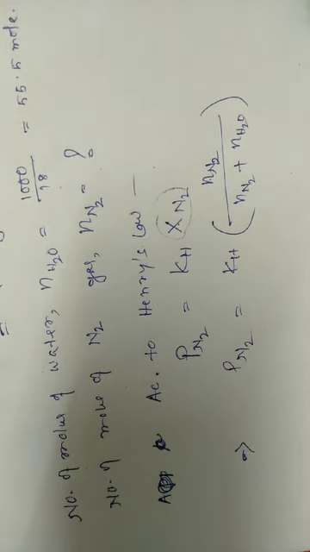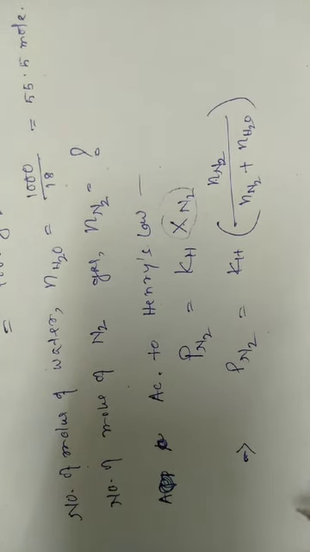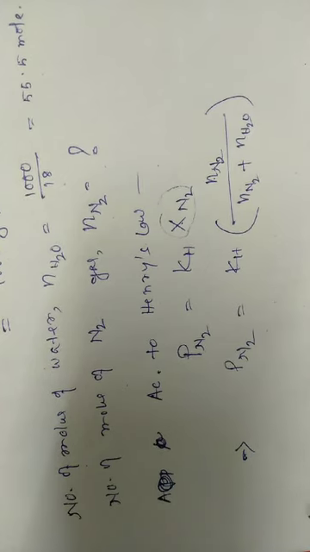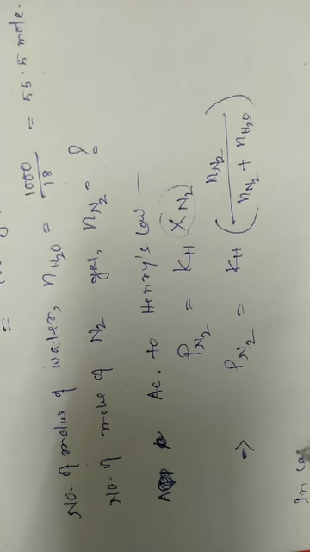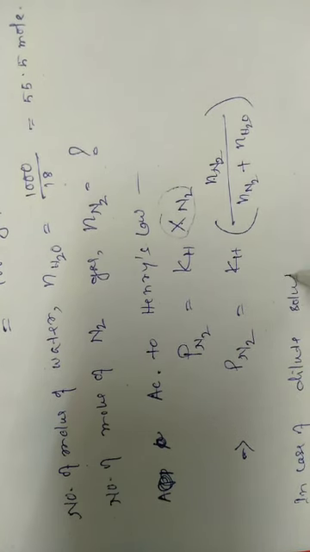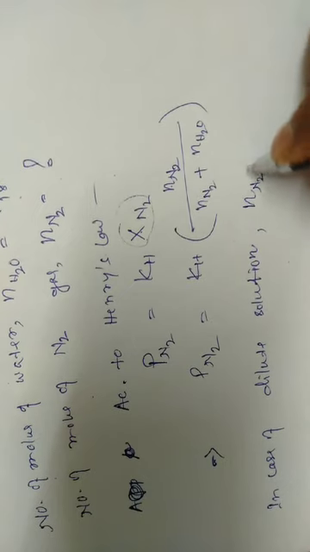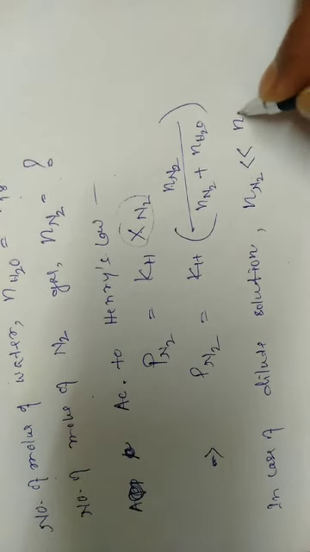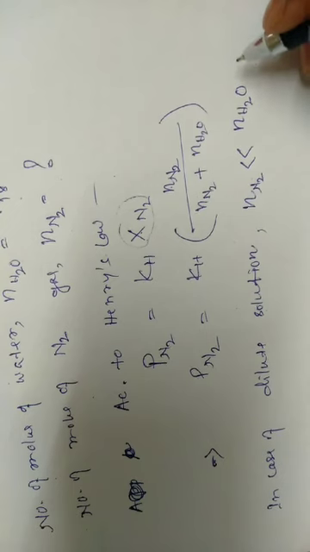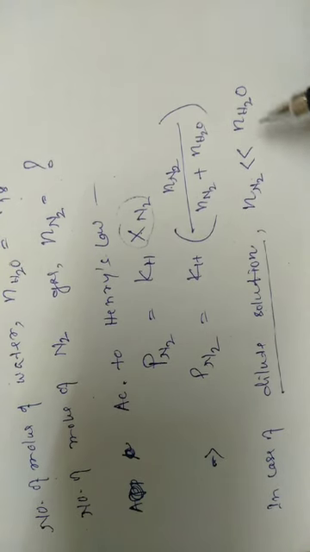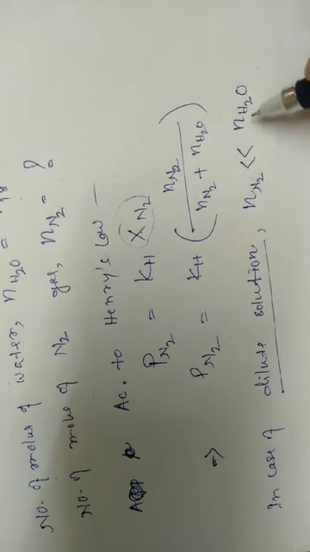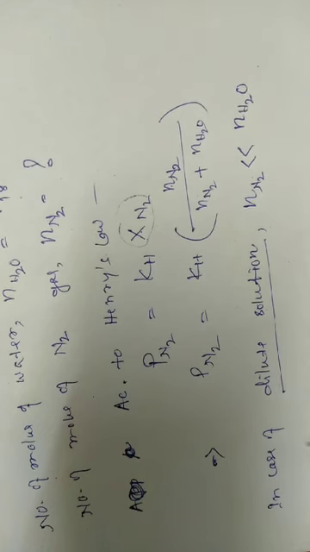So a gas in liquid is a dilute solution. In the case of a dilute solution, the number of moles of solute is very much less than the number of moles of solvent.